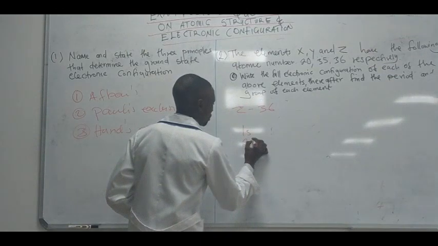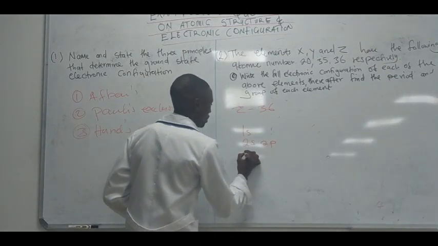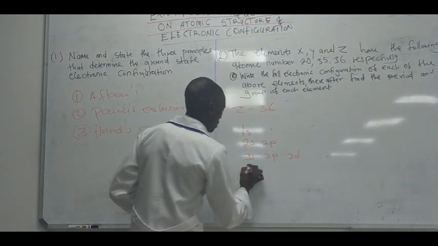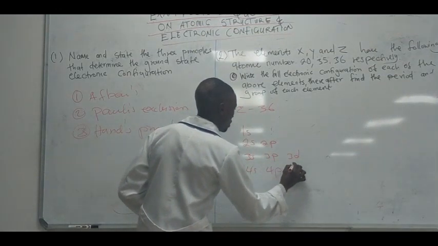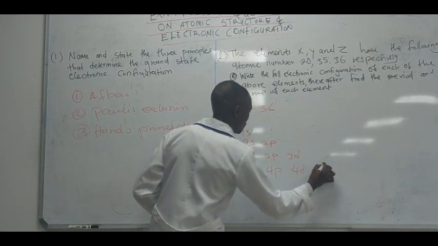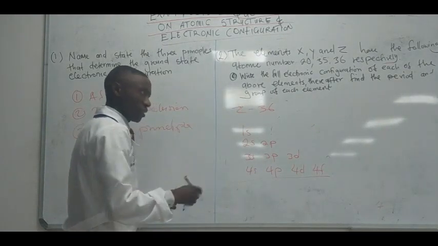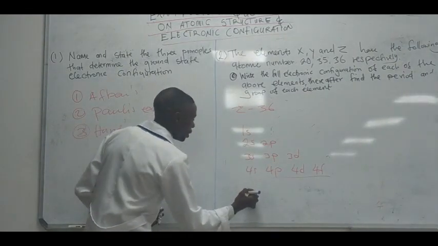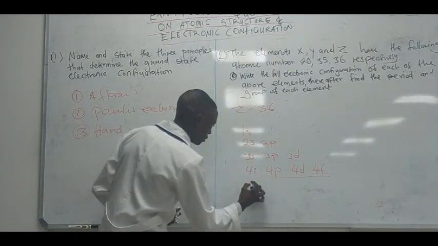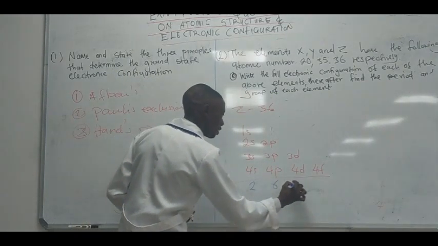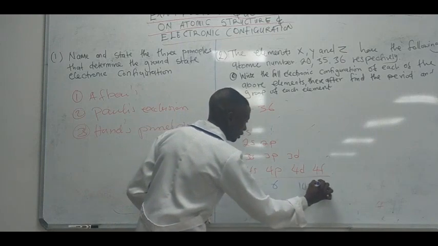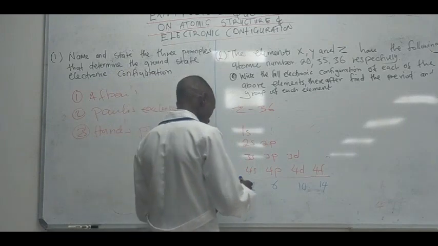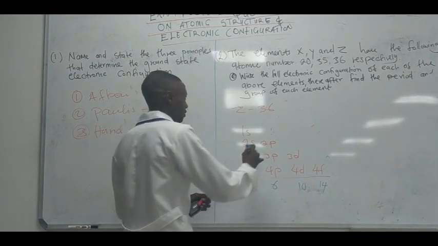1s, 2s, 2p, 3s, 3p, 3d, 4s, 4p, 4d, 4f. Don't forget your numbers so that you don't get confused when filling up your configuration. So we say this is 2, this is 6, this is 10, and this is 14. Okay, so let's go ahead and do the notation.